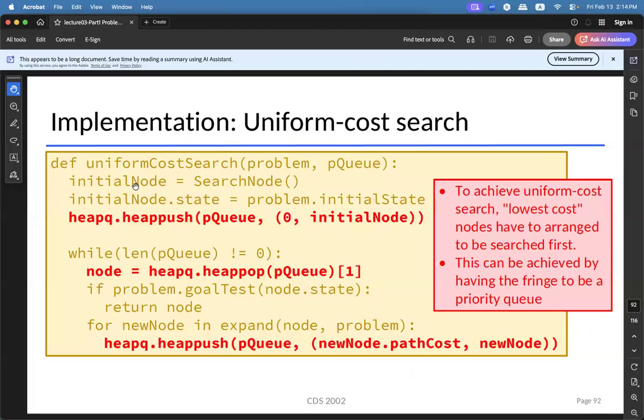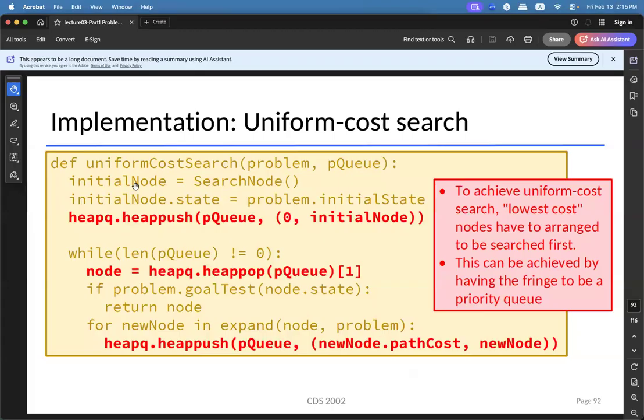Imagine this. I am storing a key and a value pair into the heap, and I'm arranging the key value pairs by the key. The key value pair with the lowest key value would be in the root node of the heap. So now what you have just done is you created a priority queue.